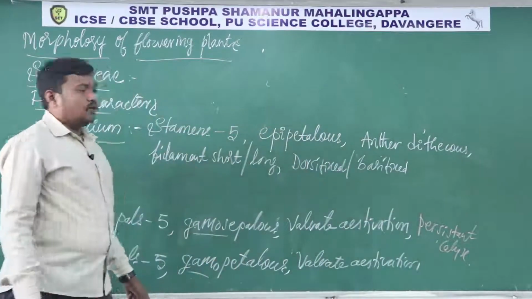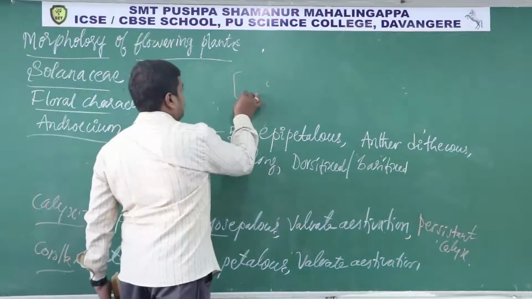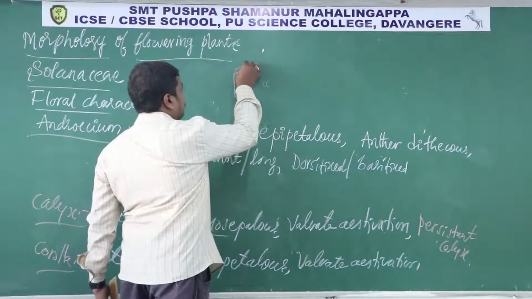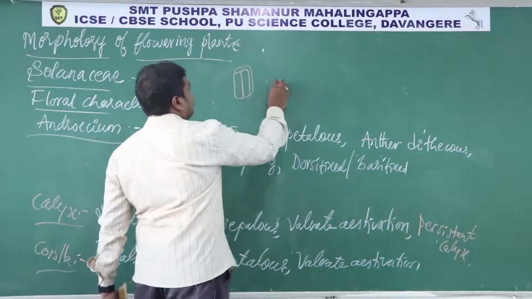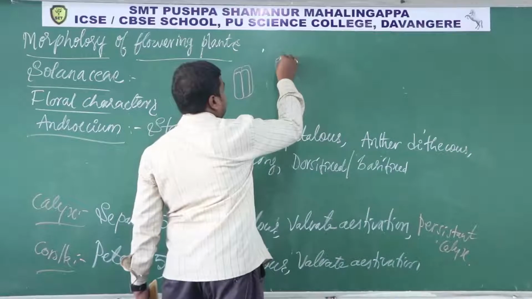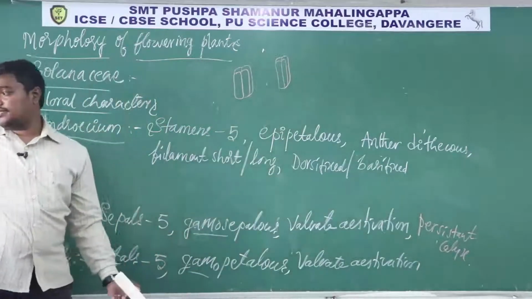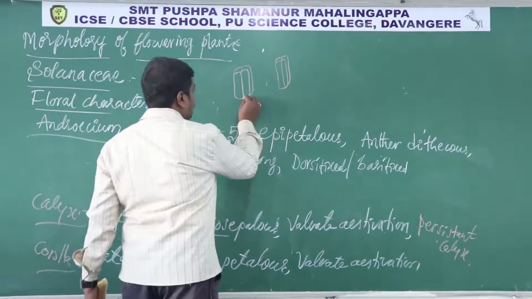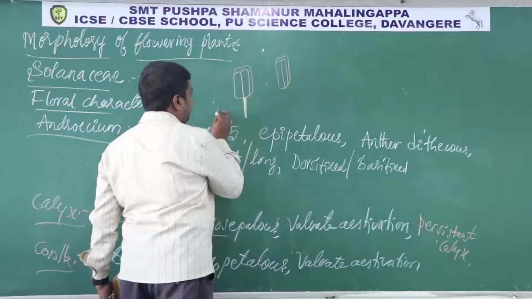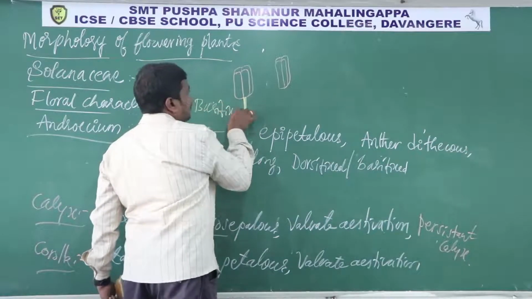Dorsifixed means the anther filament is attached to the dorsal side. Suppose this is the anther, a dithecus anther. If the filament is attached to its base, like this, it is called basifixed.